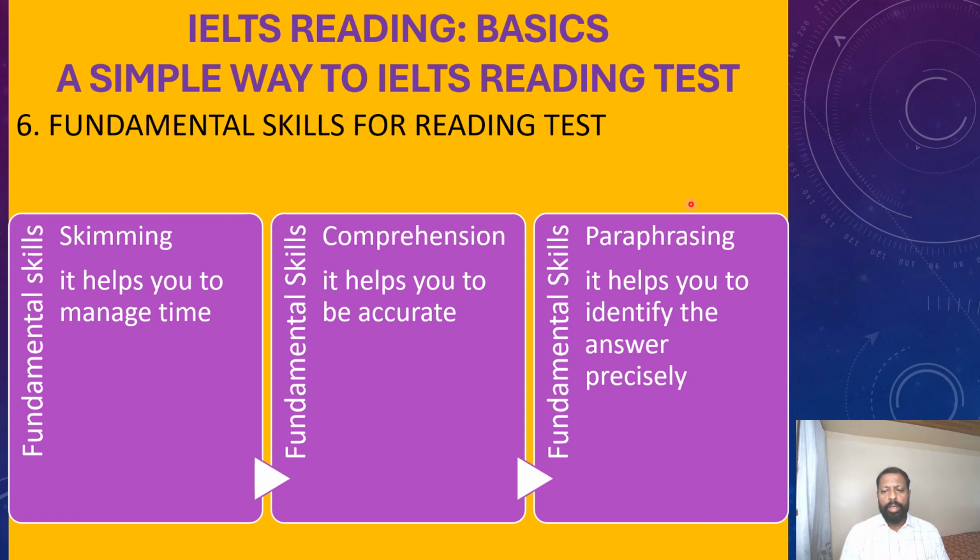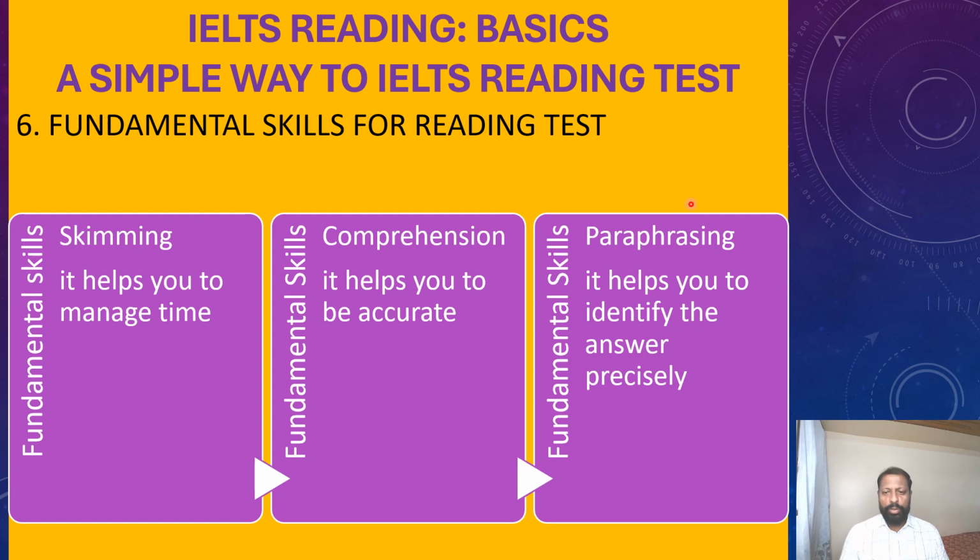And another most common or most wanted type of skill that you must compulsorily develop in order to excel in IELTS reading would be paraphrasing. What is it in fact? Paraphrasing, in my words, may be equal to parallel wording. If there is a sentence, it can be narrated or parallelly worded using different words.